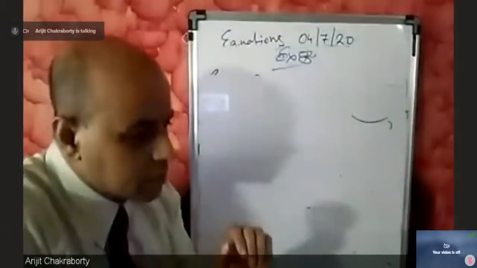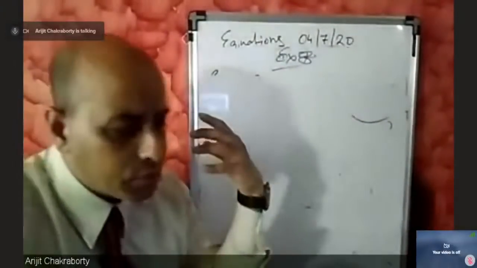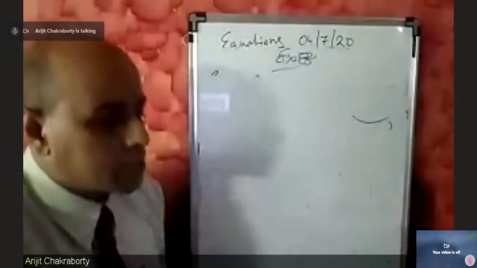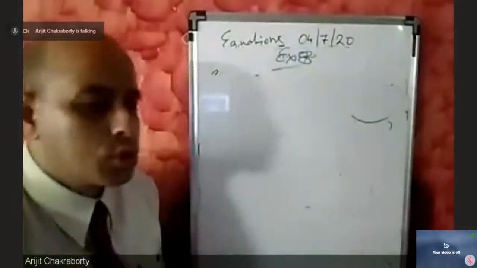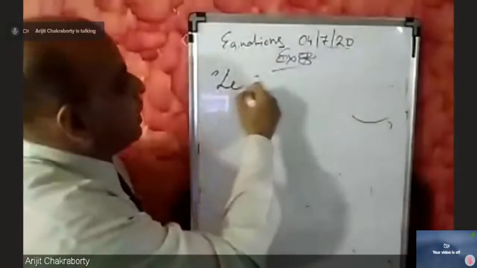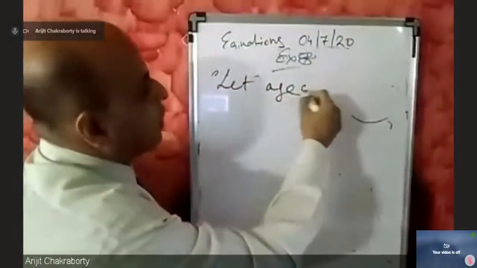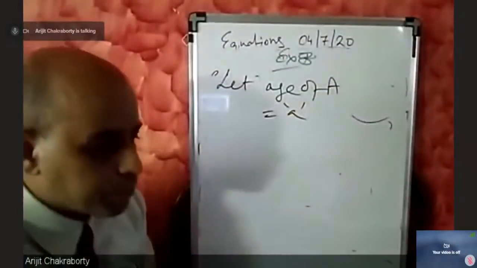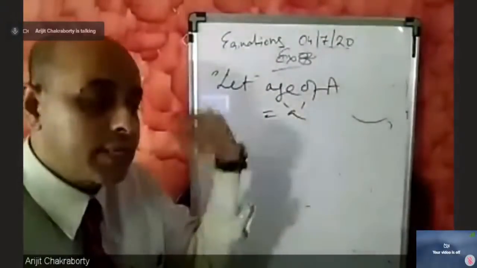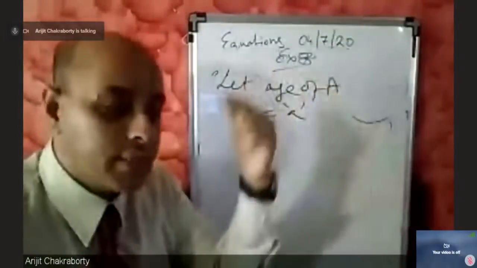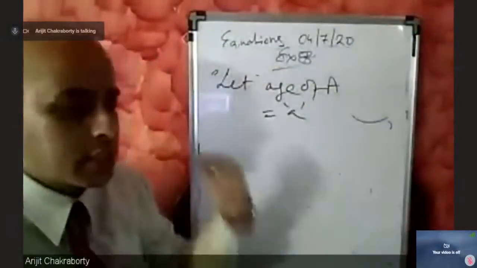Now this question, let us take, if 3 times of A's age 6 years ago is subtracted from 2 times of his present age. So let the age of A be A. Fine, we take A's age is A. The question is, if 3 times of A's age 6 years ago is subtracted from 2 times of his present age.